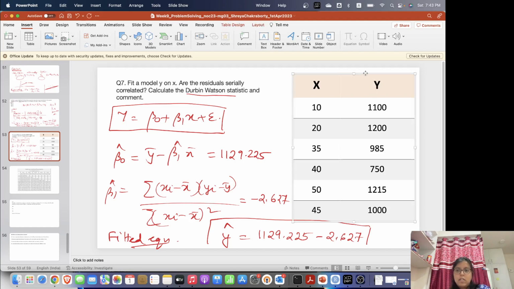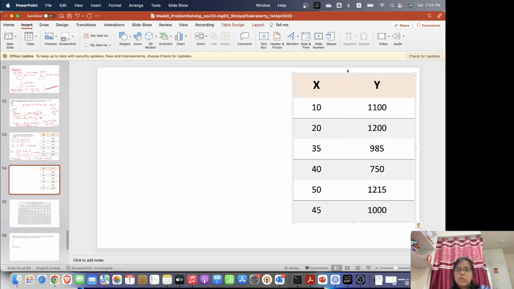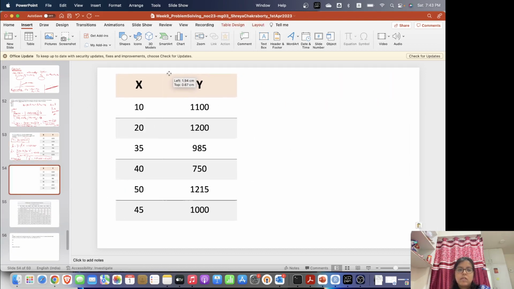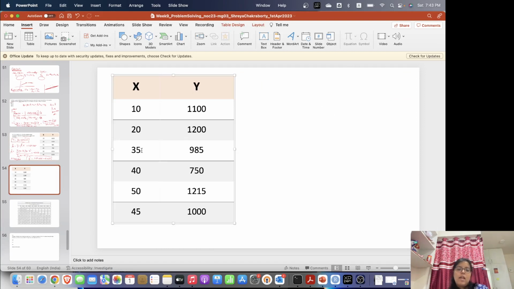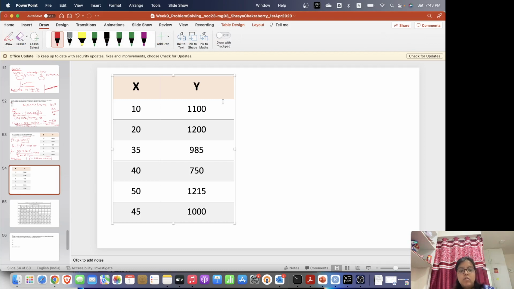So here I'll do one thing. I just copy this table. Now here I have already obtained the regression equation.